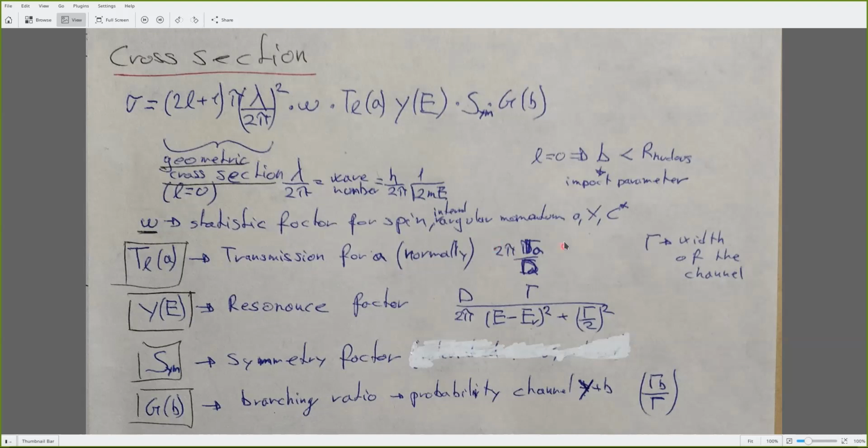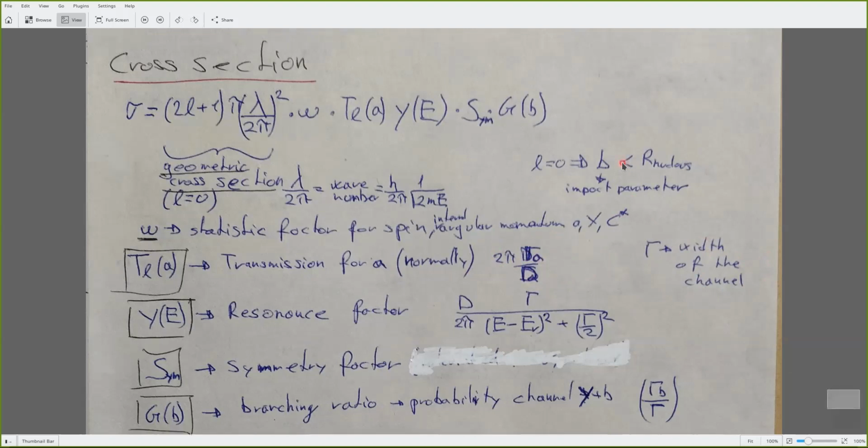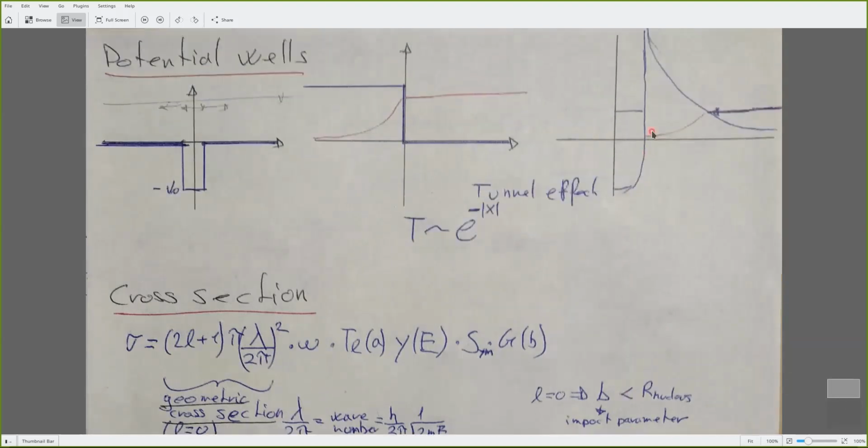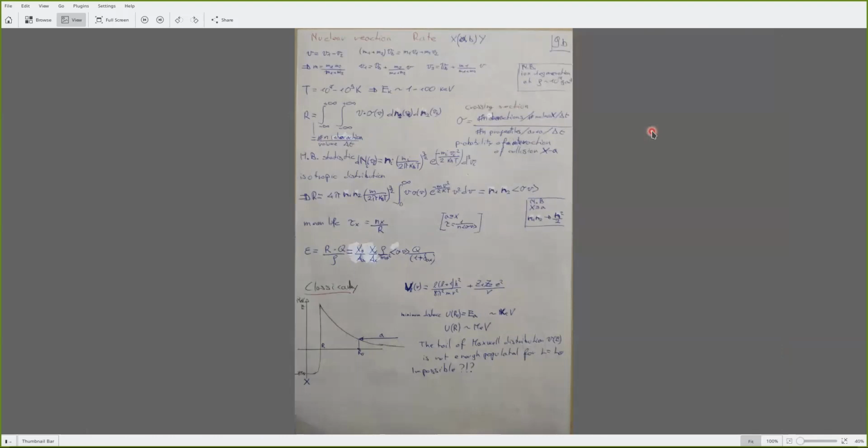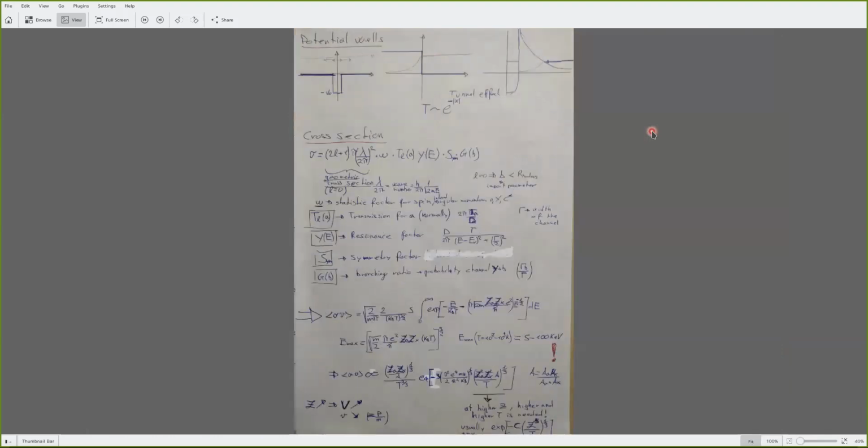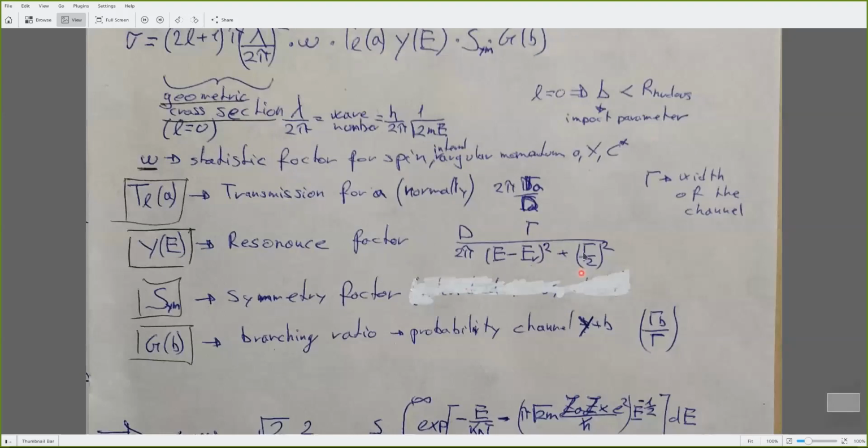That is normally this value with gamma, that is the width of the channel, that is essentially the inverse of the mean life of the channel inside of the nucleus. We'll see it a little later.